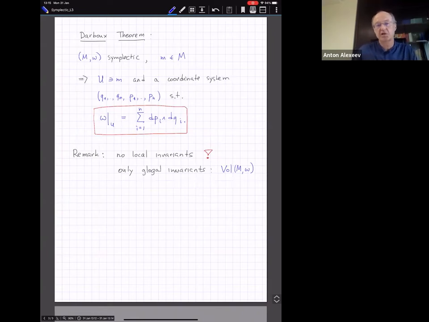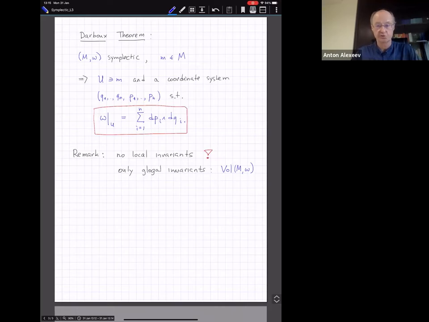People study the topology of the group of symplectic morphisms and so on. This is because locally you can't do anything, so you need to go globally, and this is interesting, very challenging, and that's essentially not what we're doing in this course.